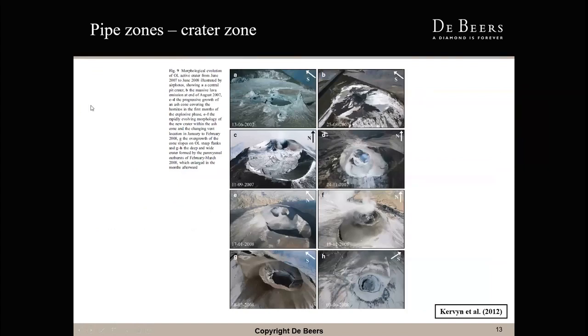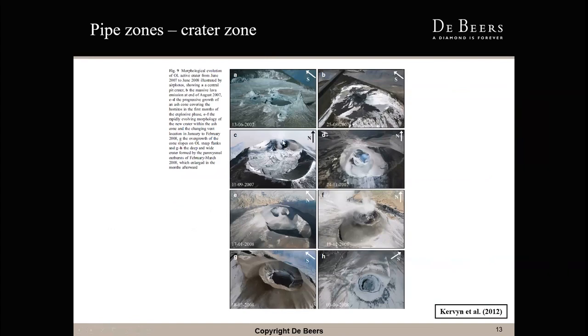Another example of the variability that is evident in a crater: this particular sequence of photographs was taken between June 2007 and June 2008, and is from the Oldoinyo Lengai carbonatite, or the crater thereof.